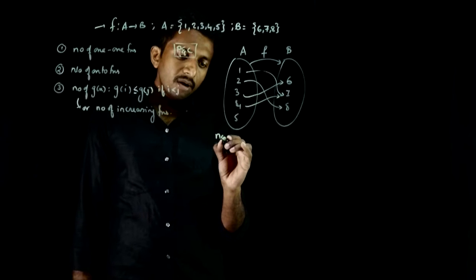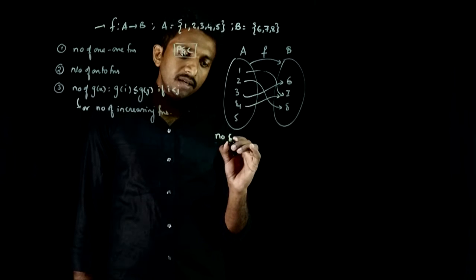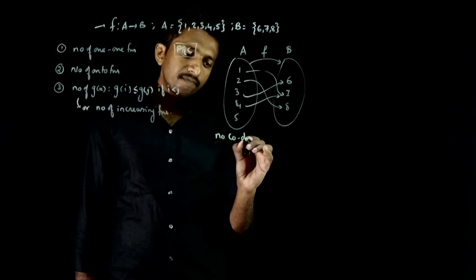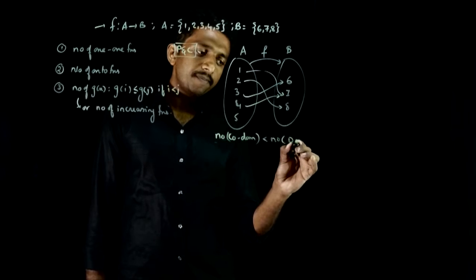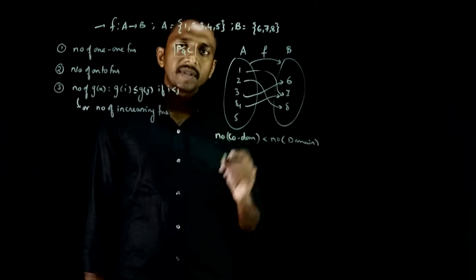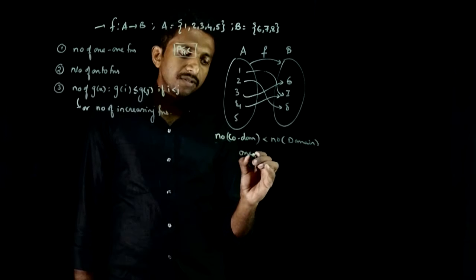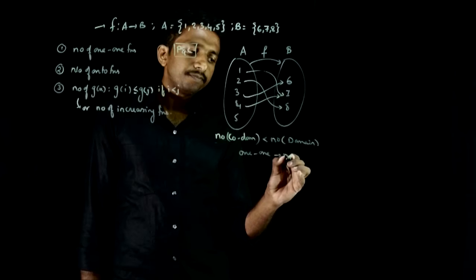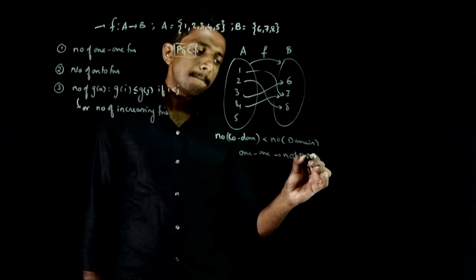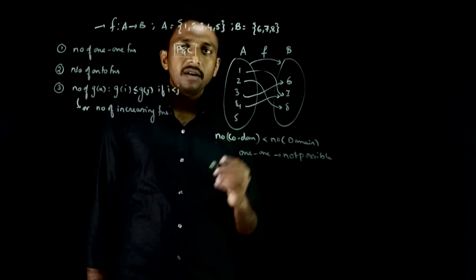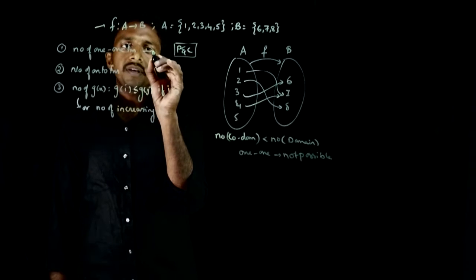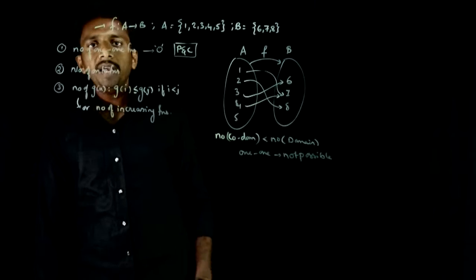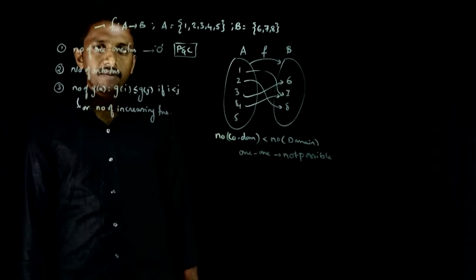If the number of elements in codomain is less than number of elements in domain, one-one functions are not possible. ठीक है? So the answer of the number of one-one functions will be 0. There won't be any one-one functions possible.